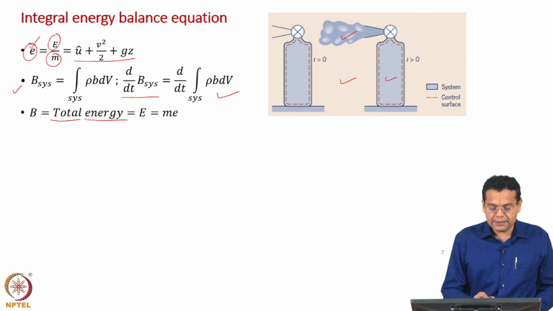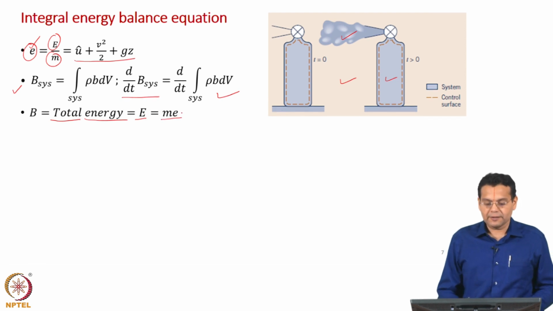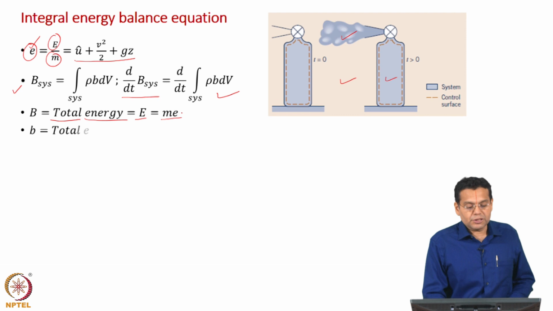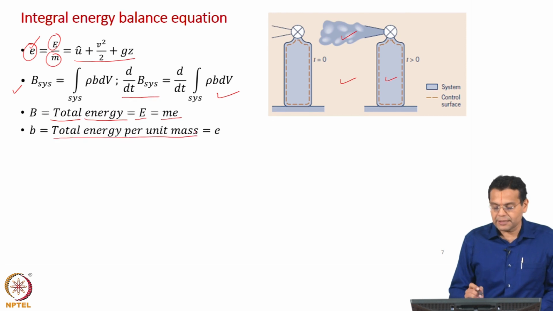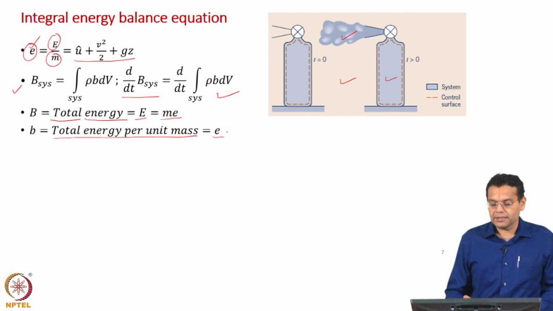The extensive property here is capital E, and if you write it in terms of the intensive property, it is m into small e. And we introduced small b as the intensive property. In this case it is energy, which is total energy per unit mass, and in our nomenclature it is small e.